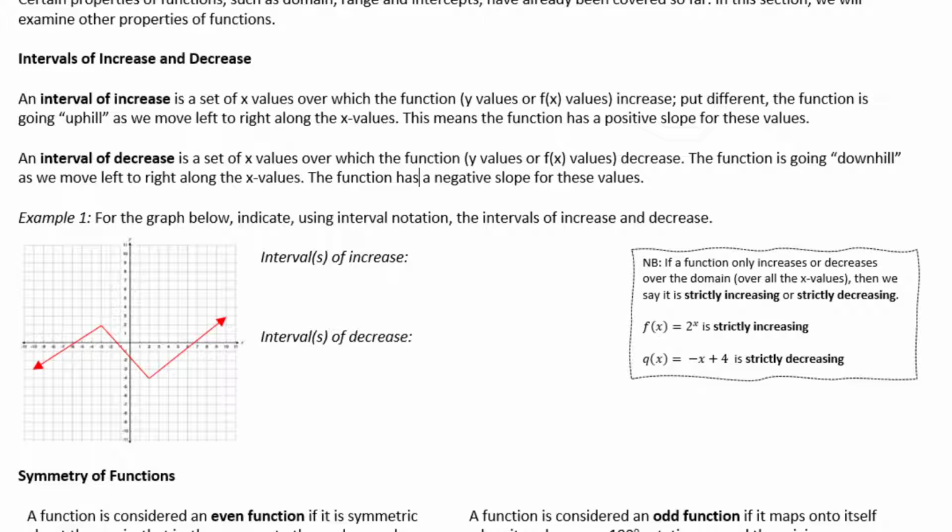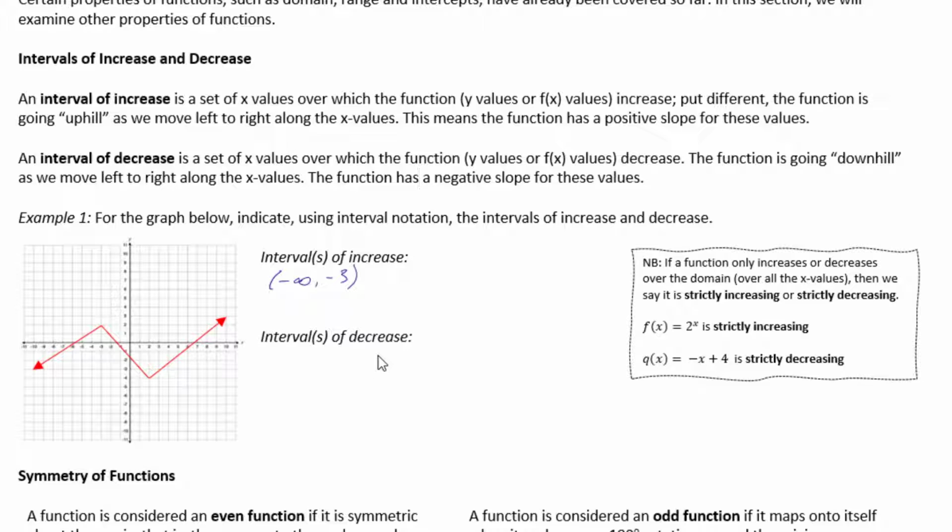And at that point, we stop. So the first interval of increase there goes from negative infinity to -3. And note that it does not include -3. And that's because at the point -3, it actually switches from being increasing to decreasing.